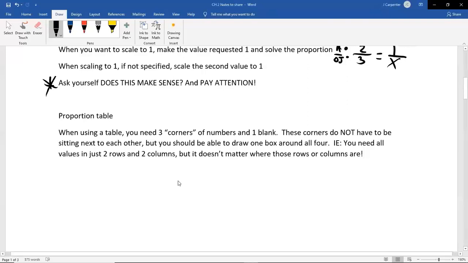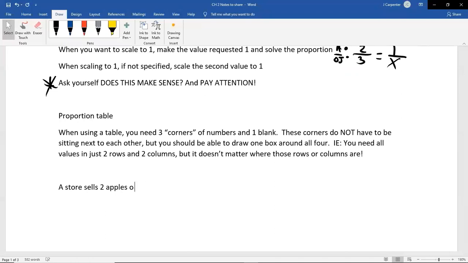And we're going to do apples and oranges. So I could have given you a problem, and I'll also draw it up as a table. But else I might say, all right, a store sells 2 apples and 3 oranges on Monday.